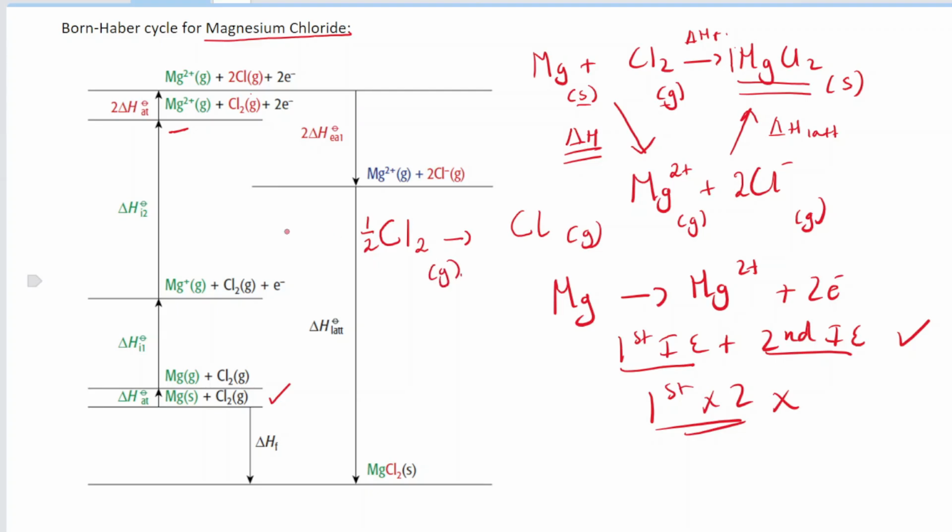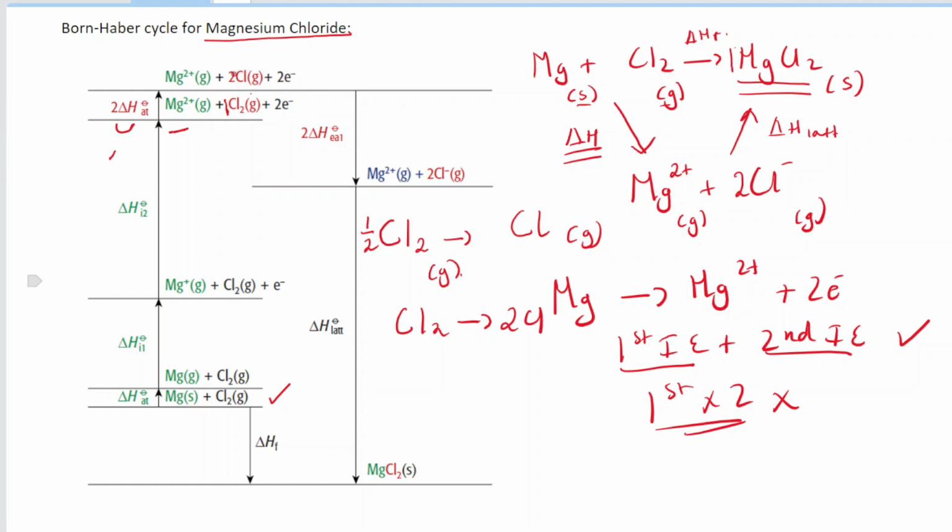But the issue is in the reactants here we have one Cl2. This is fixed over here. We can't force it to be half. So that means that this will be the atomization but just times 2. So you have to take the Cl2 as it is, but you have to keep 2Cl over here, right? So this will be atomization, but it's going to be multiplied by 2.